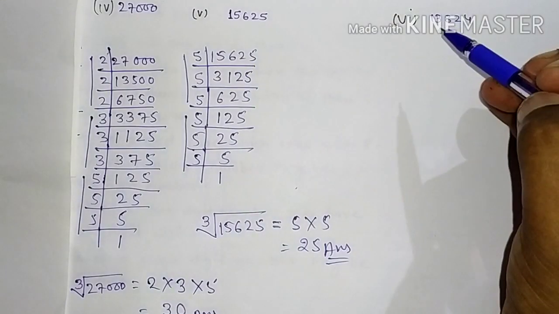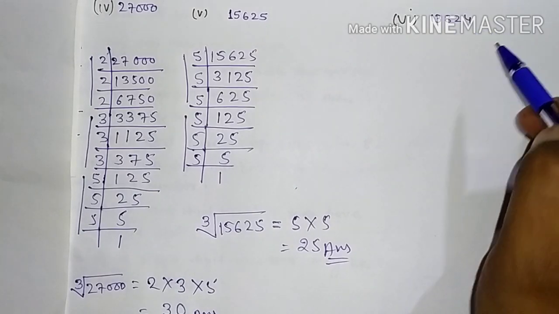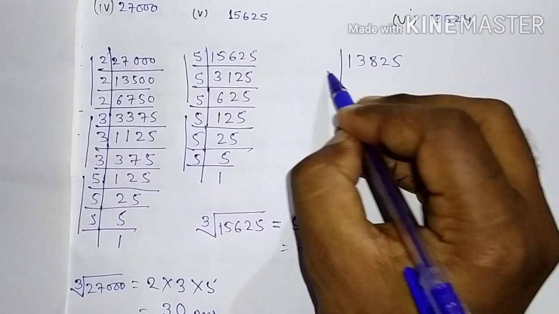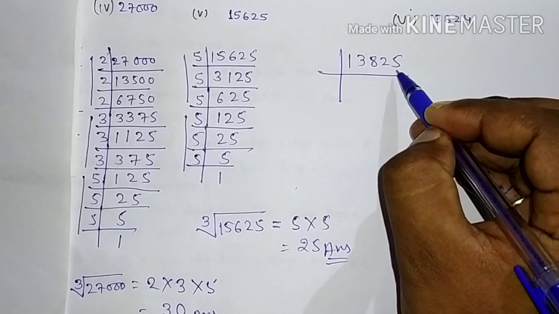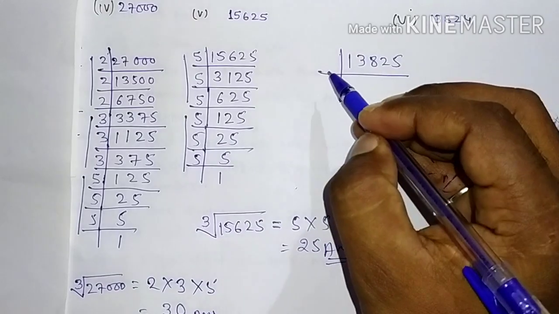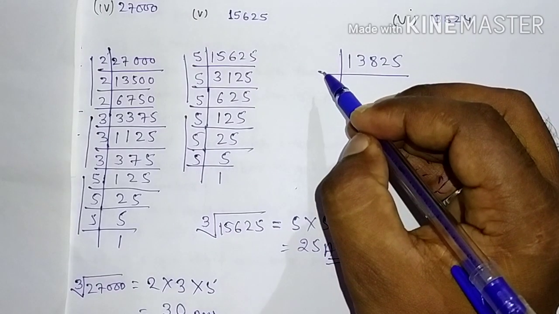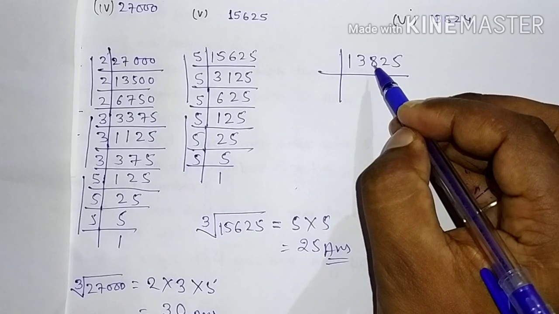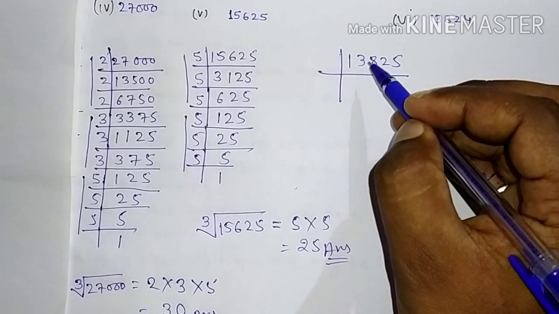Now next question, that is 13824 is given here. So again we have to find the prime factors of this number. So the unit digit is 5 here, so it is not divisible by 2. Check by 3 here, so 3 4 is 12, carry 1, 18, 3 is 18. It is also not divisible by 3.